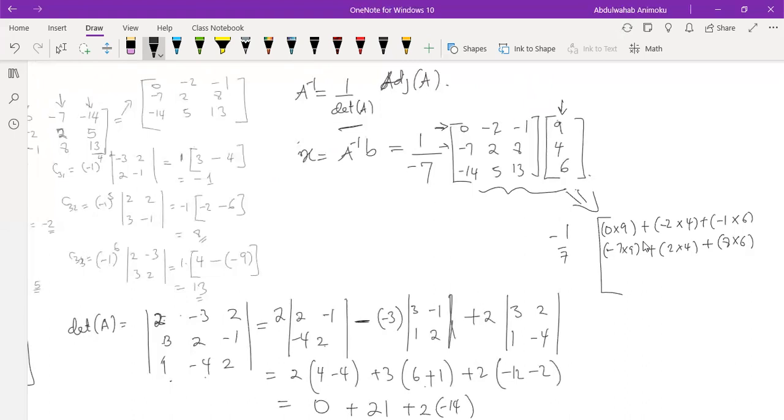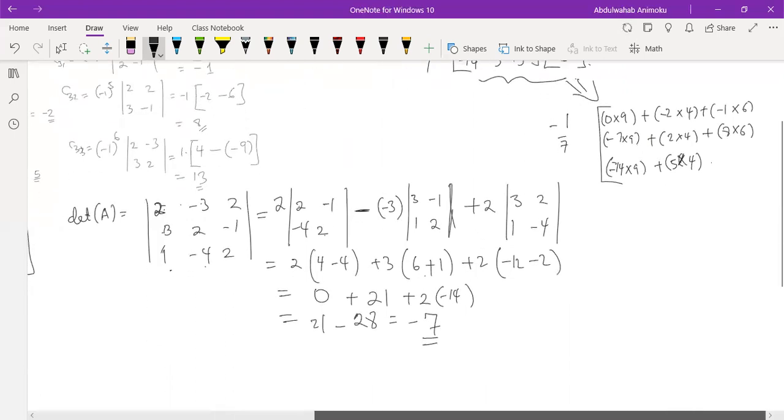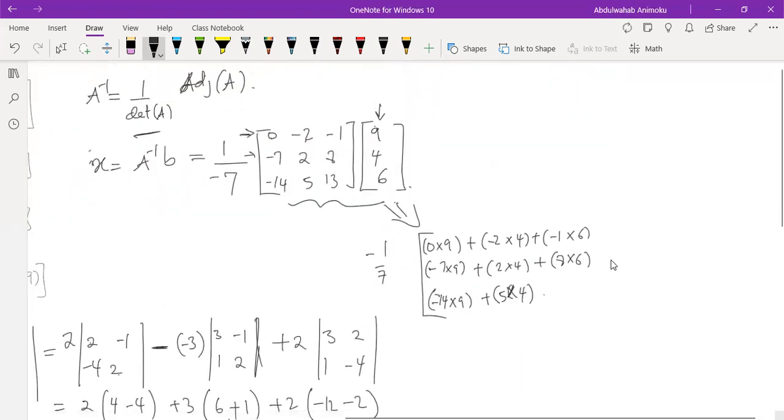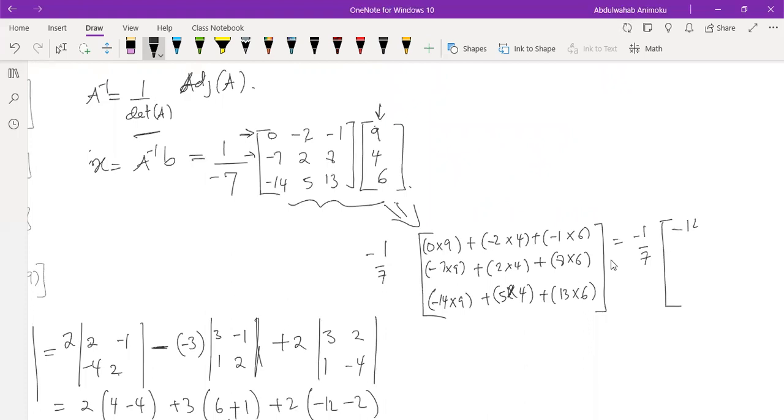So basically the rows multiplying the columns, right? And finally, we'll have minus 14 times 9 plus 5 times 4 plus 13 times 6. So this is what we need to figure out, times minus 1 over 7. The first will give us minus 8 minus 6, that will be minus 14.